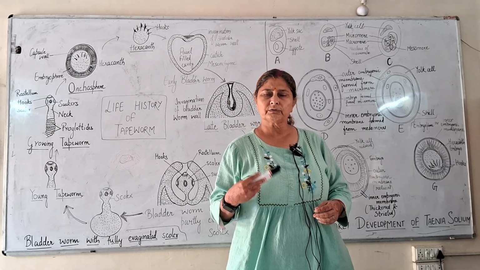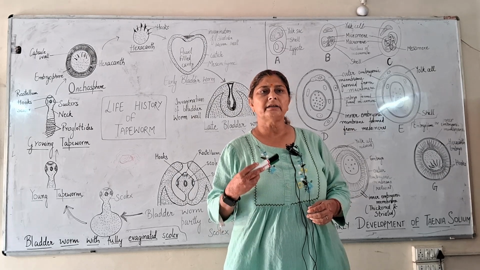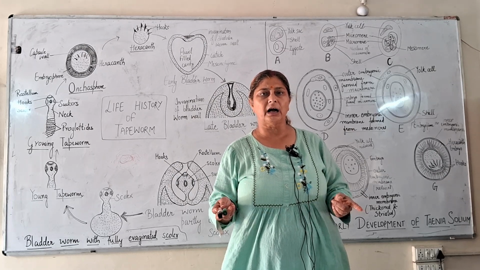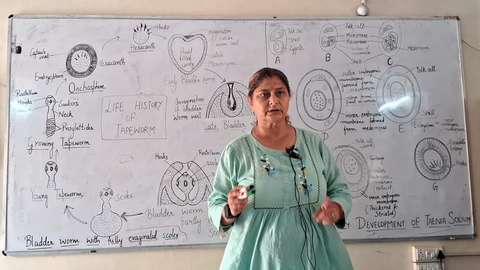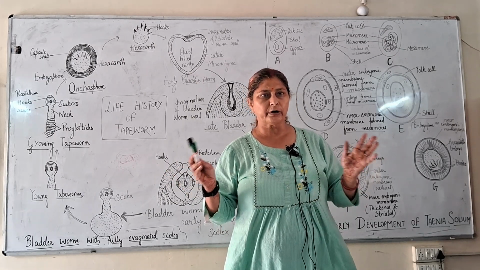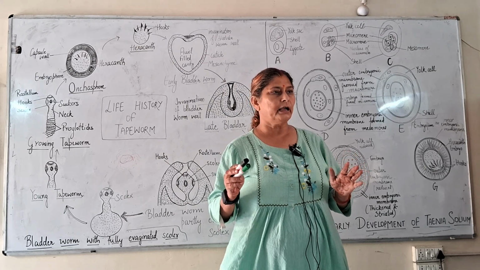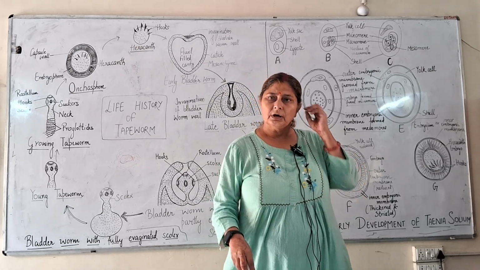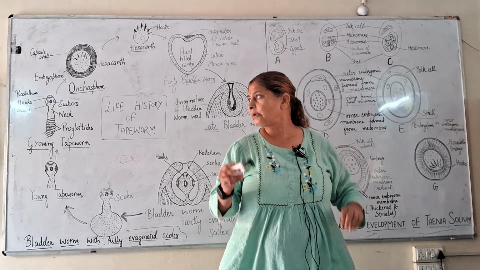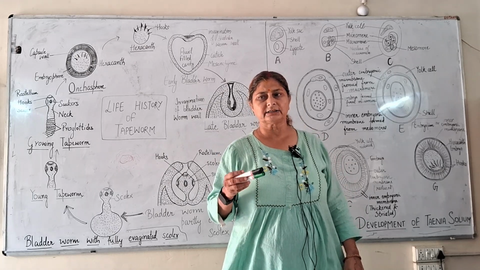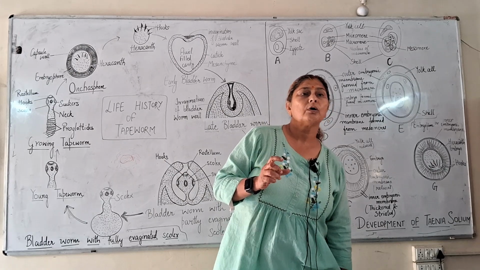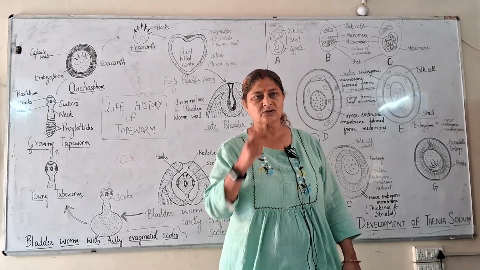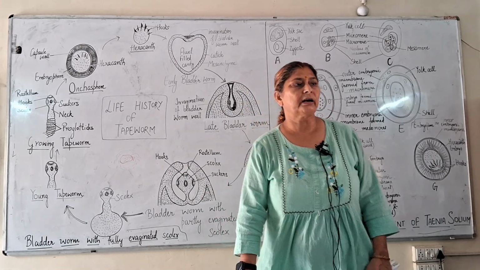Cross fertilization means the fertilization between two different mature proglottids, not of two different Taenia solium. Self fertilization means fertilization within one proglottid.